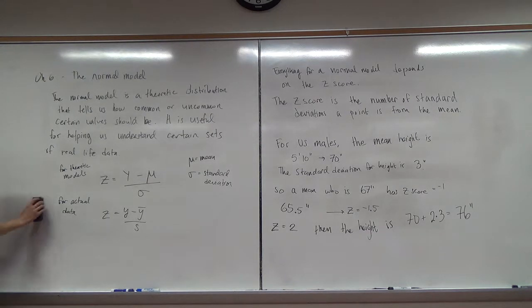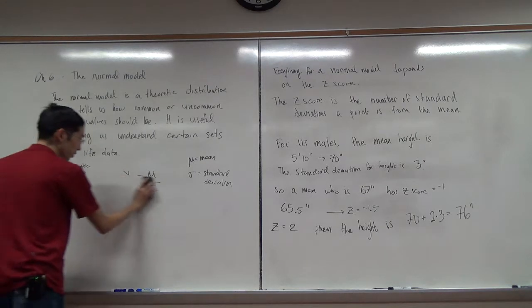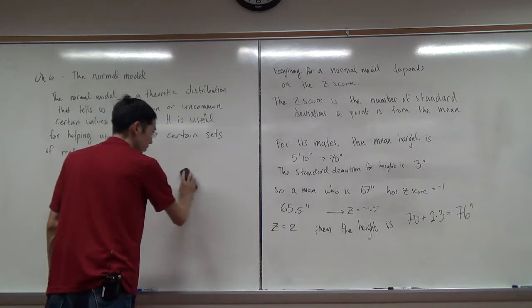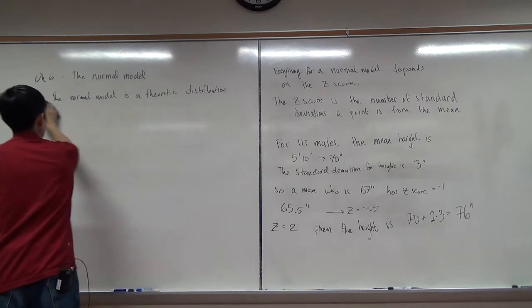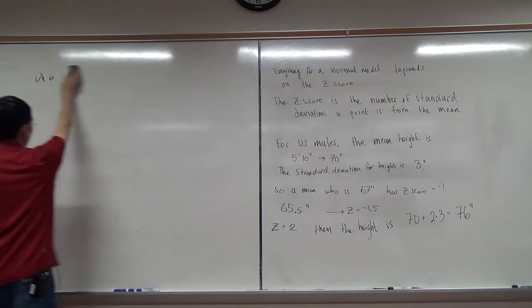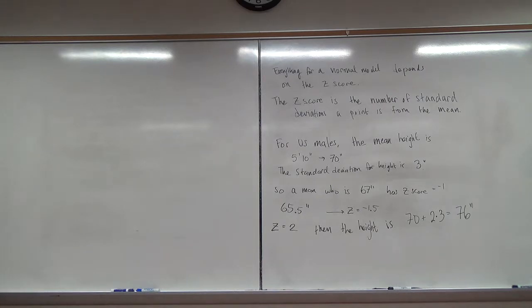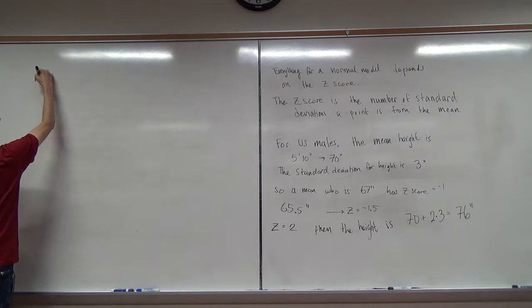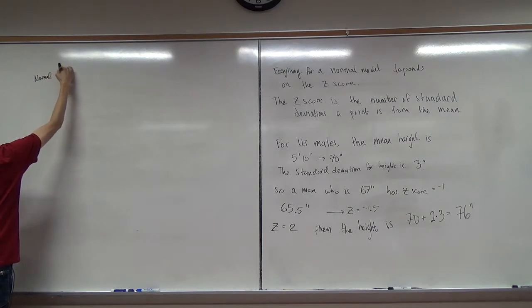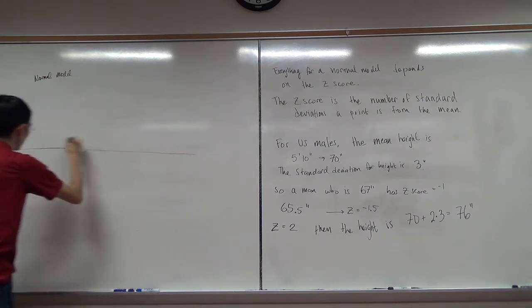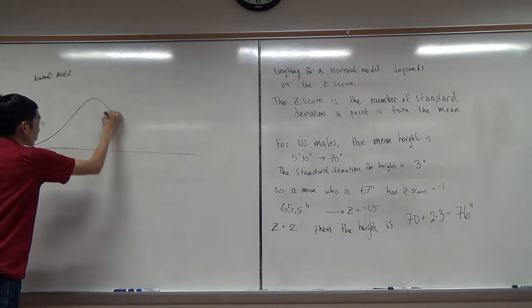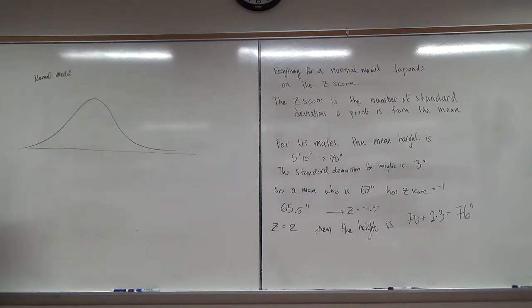So with this, once we turn things into z-scores, we can use that understanding to make statements. Okay, so the normal model looks like this, okay?